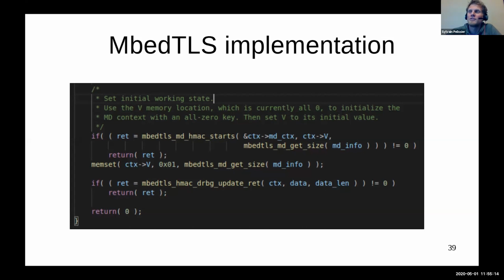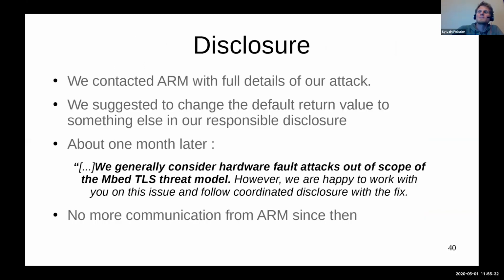If you are able in the code to bypass the update function, or part of it, with a fault, you will have a nonce which does not depend on a secret value, and you will be able to guess this value again and apply exactly the same attack. So then we contacted ARM with full detail of our attack. We suggested to change the default return value as well because it helps us to mount the attack.